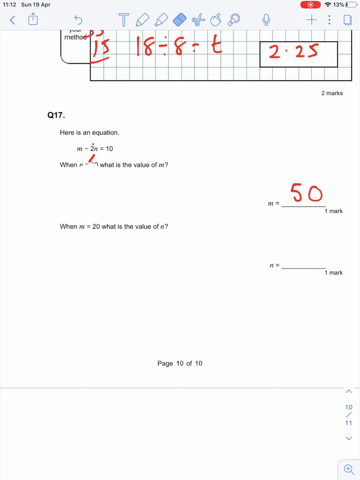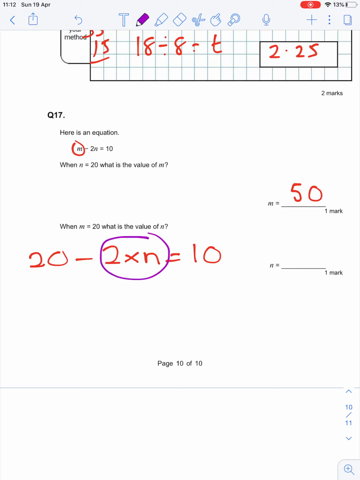And then, when m equals 20, what's the value of n? So we're doing it the other way around. I know that 20 is m here. Take away 2 lots of n. I'm going to write it out like that, so I don't forget that it's multiplying. So 20, take away something. Now this something has got to equal 10, hasn't it?